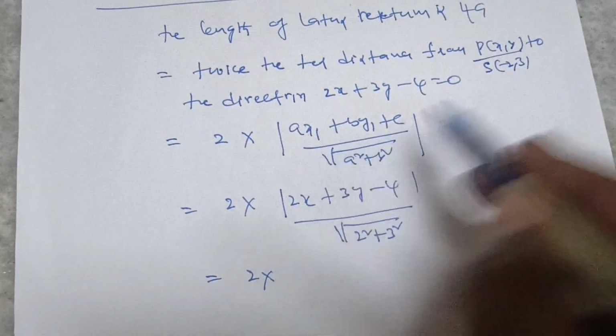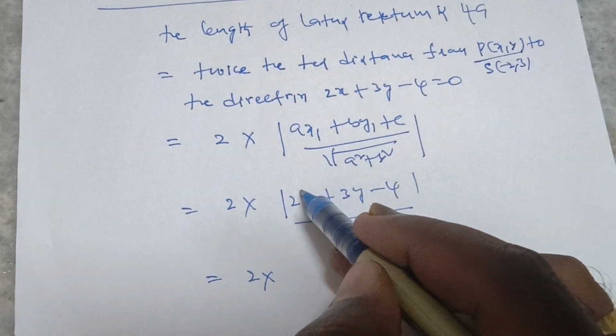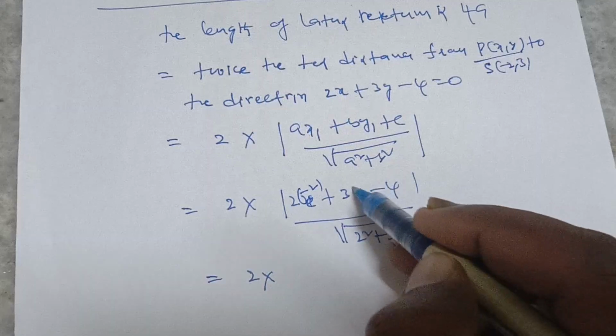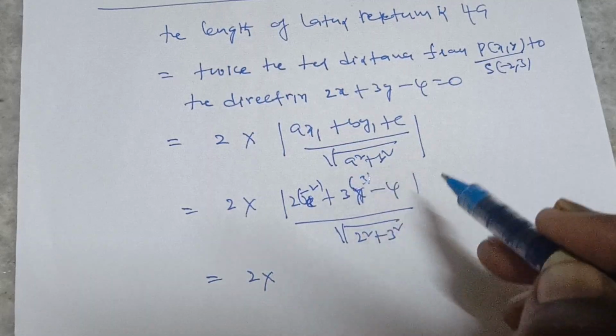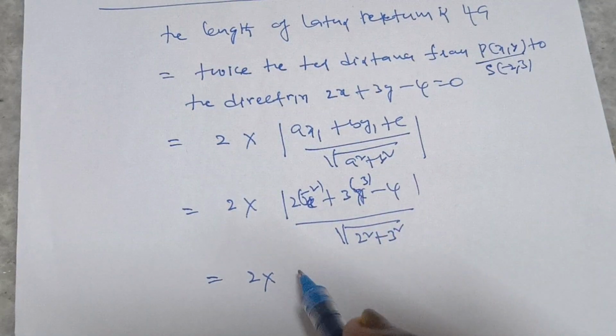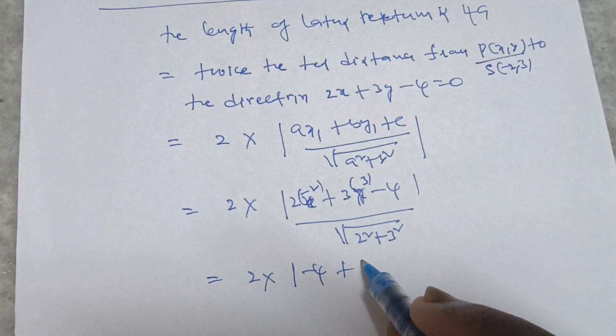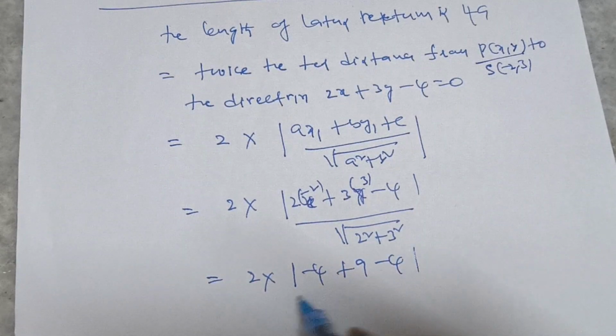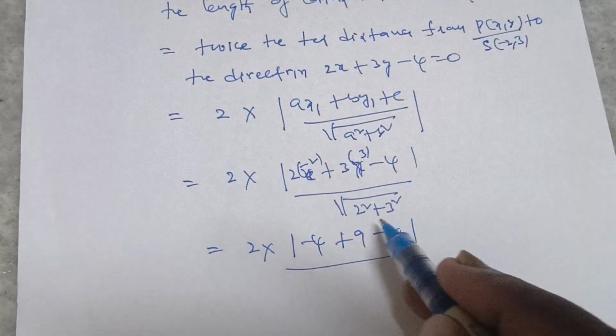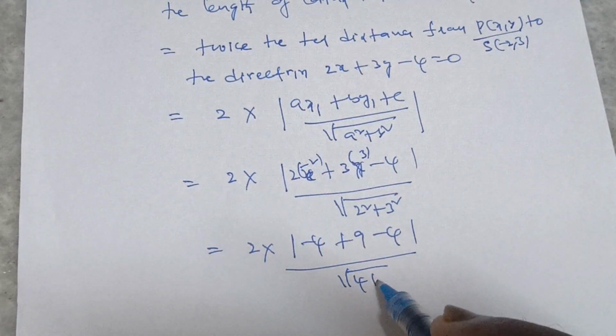So in place of x1 we use minus 2, and in place of y1 we use 3. So 2 times minus 4 plus 9 minus 4, divided by root of 4 plus 9.